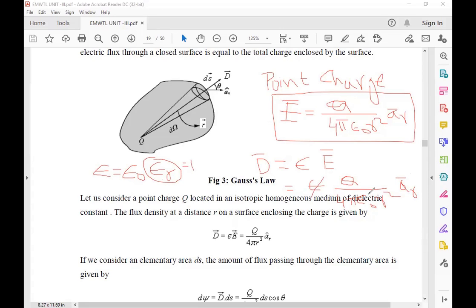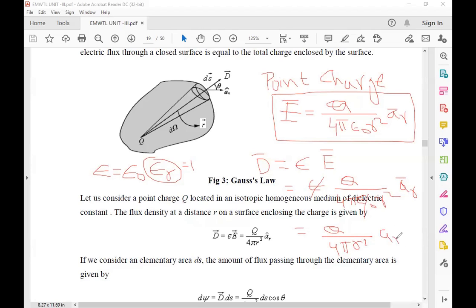So epsilon naught and epsilon get cancelled. Finally, we get D bar is equal to Q by 4 pi r square into AR.